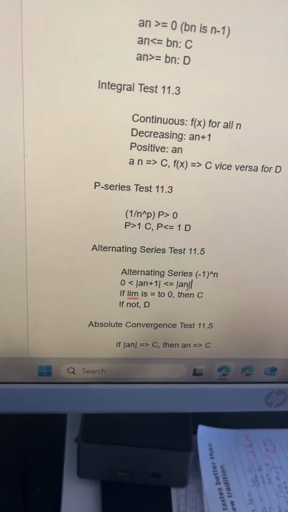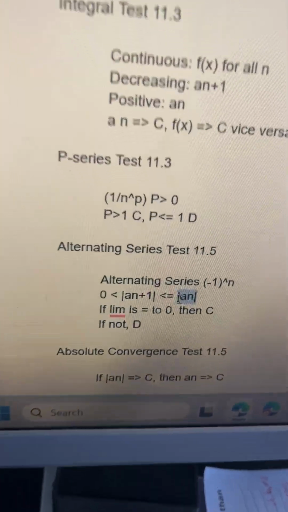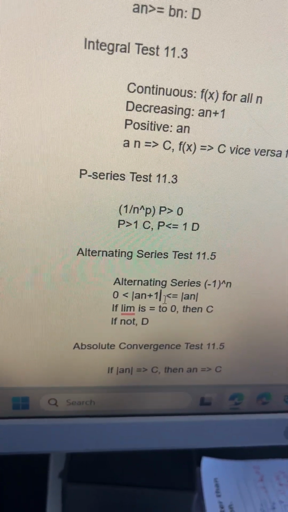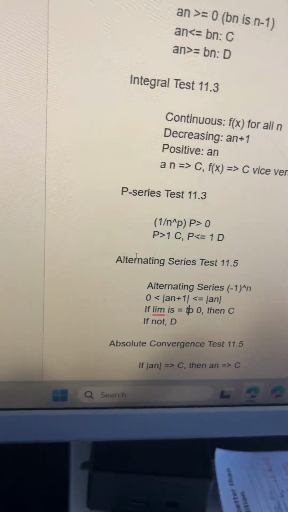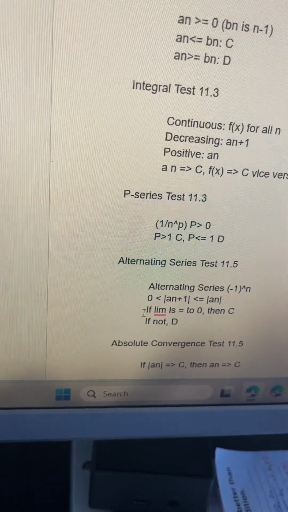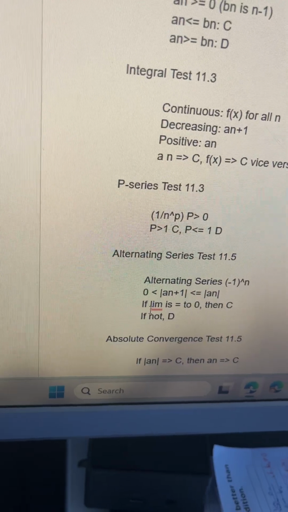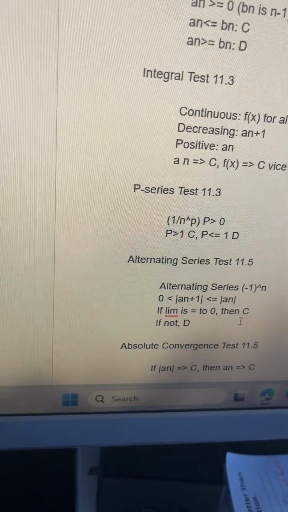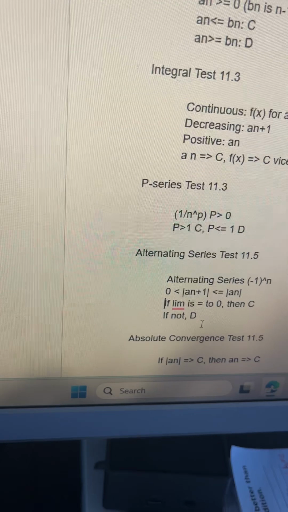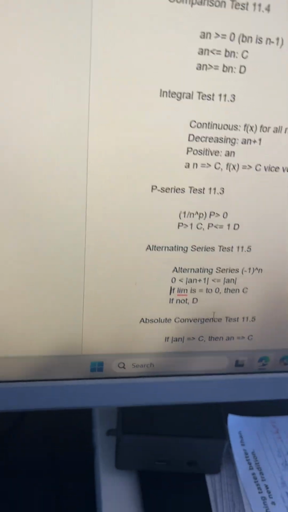They have to both be positive, and your given equation has to be bigger than the next part of the series. And the other condition is if the limit is equal to 0, then it's convergent. But if it doesn't, then it's divergent.